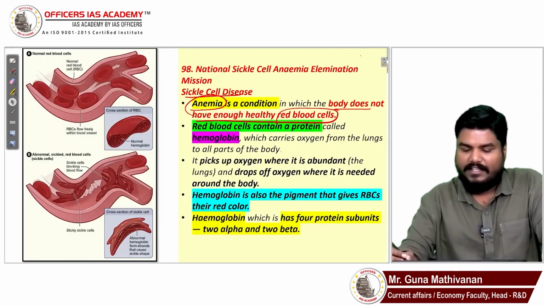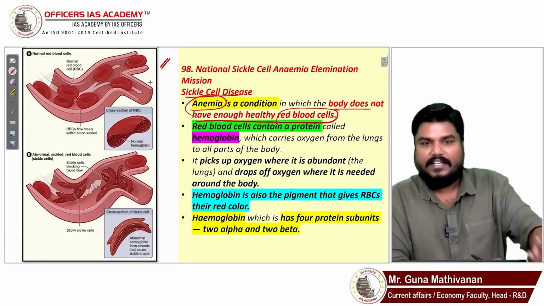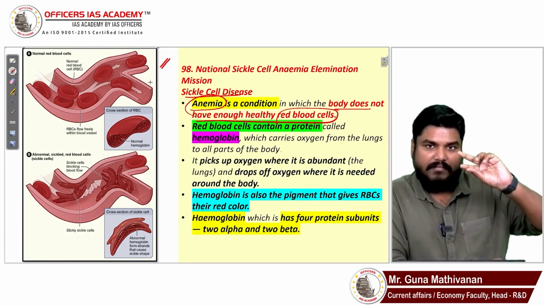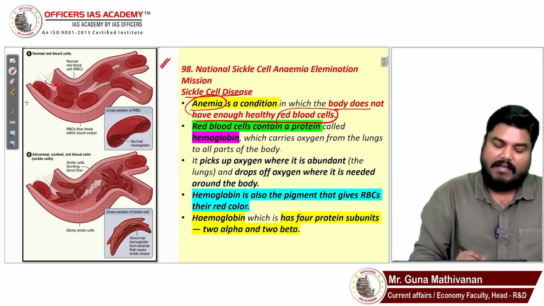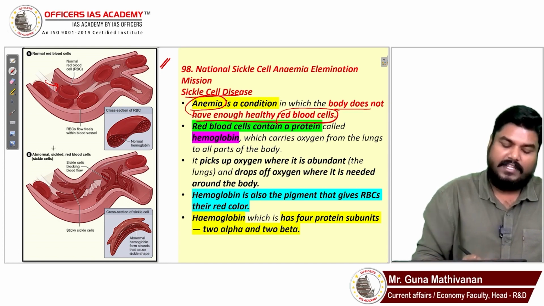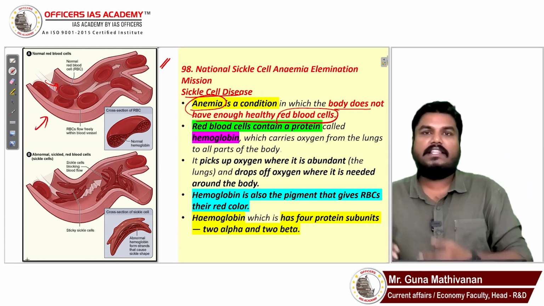See, look at this image. When we have a disc-shaped red blood cell, it can easily move into the capillaries in the blood vessels. It can easily carry the oxygen.